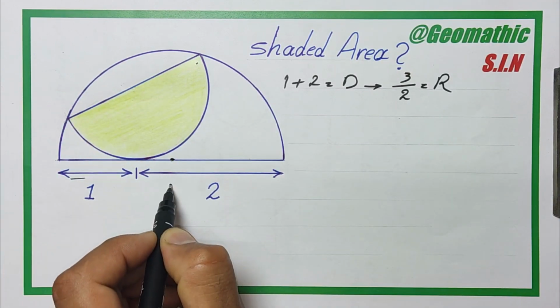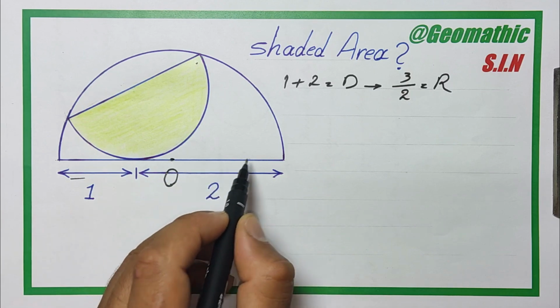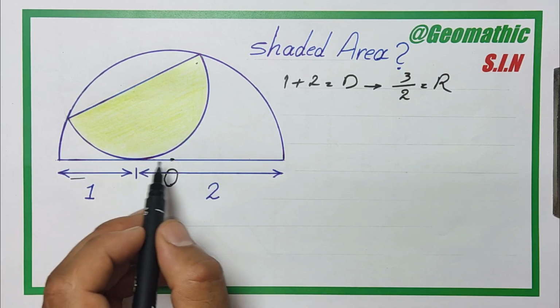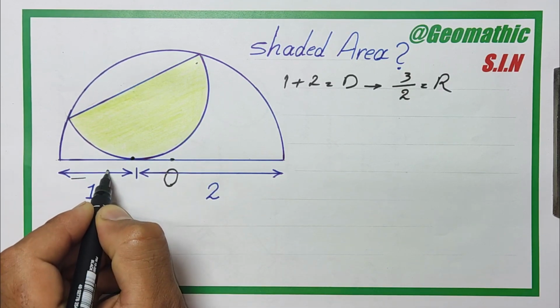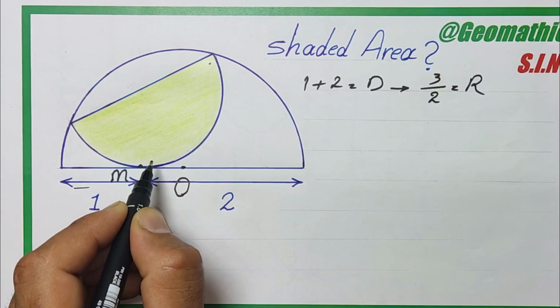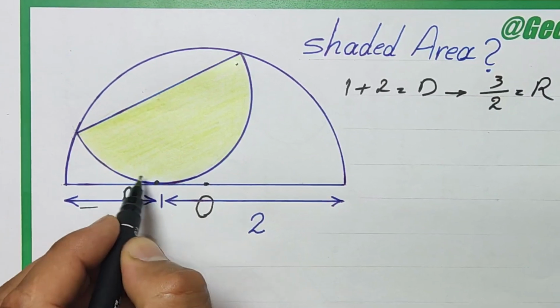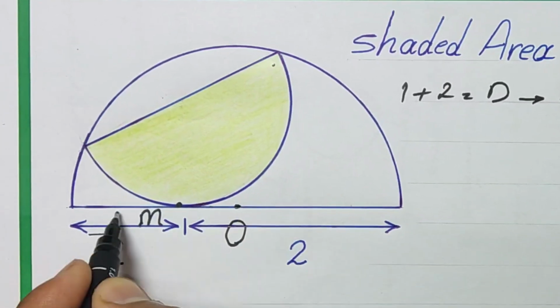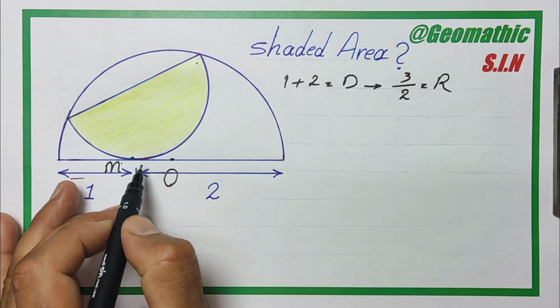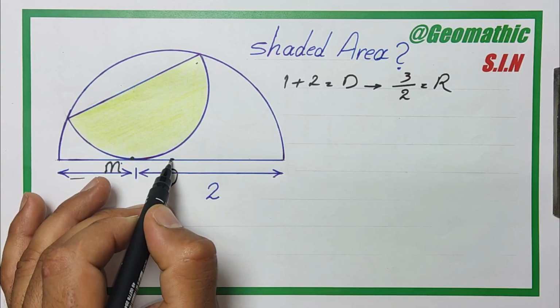Let O be the center of the larger semicircle and M be the point where the smaller semicircle is tangent to the diameter of the larger semicircle. Now we can easily find the distance OM.